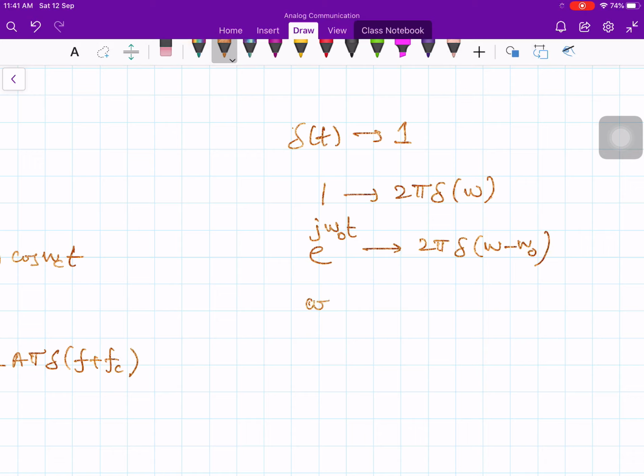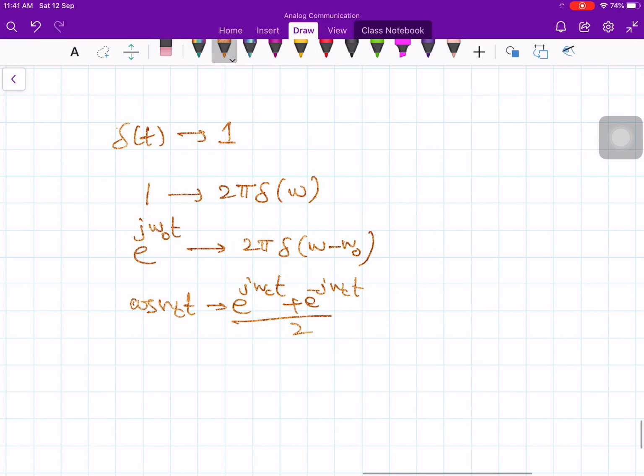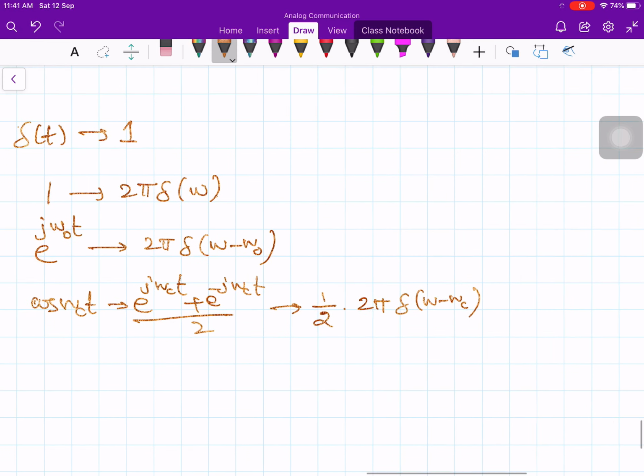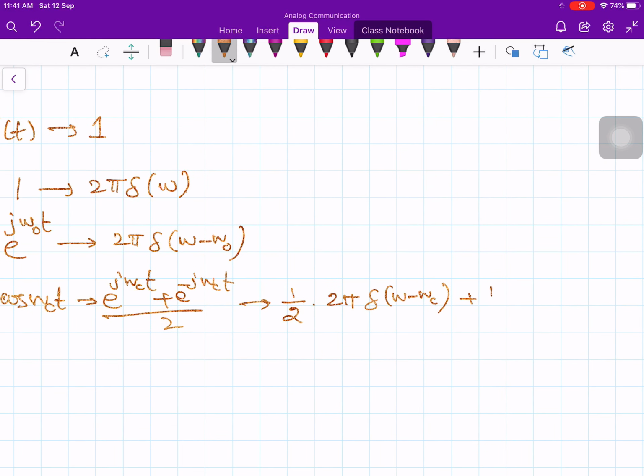What is your cos omega ct? Cos omega ct is equal to e to the j omega ct plus e to the minus j omega ct, whole divided by 2. If you take the Fourier transform of this, 1 by 2 times 2 pi delta of omega minus omega c plus 1 by 2 times 2 pi times delta of omega plus omega c.